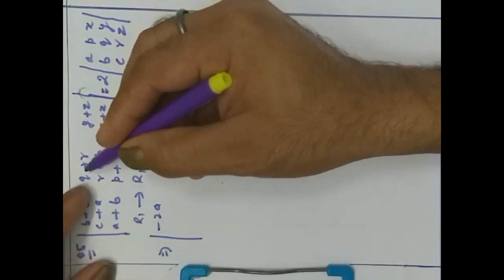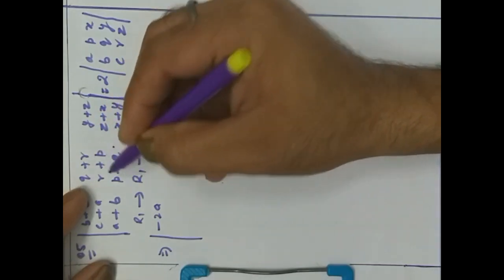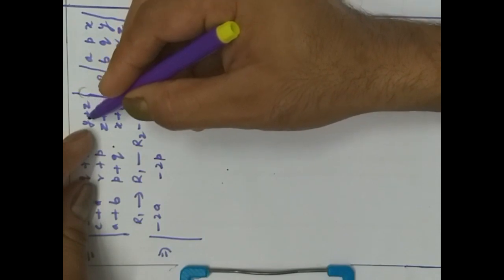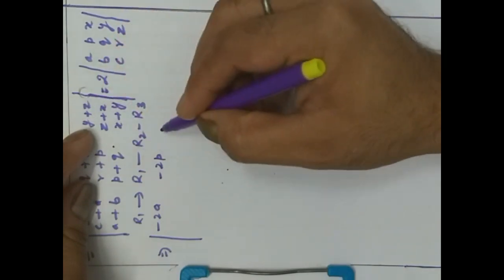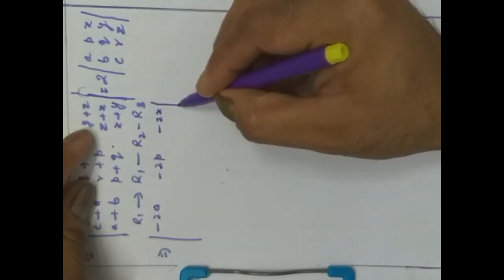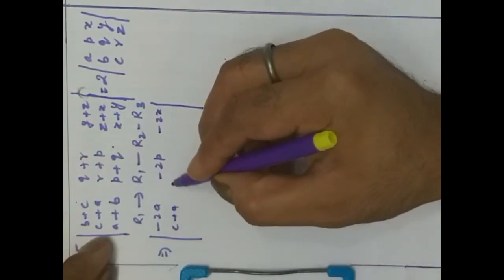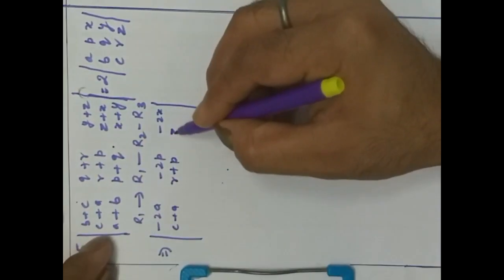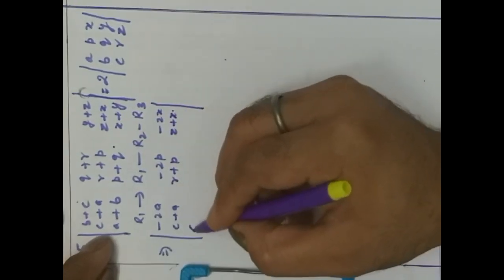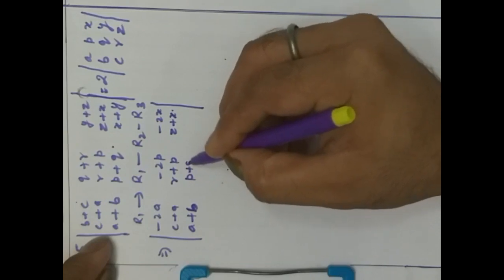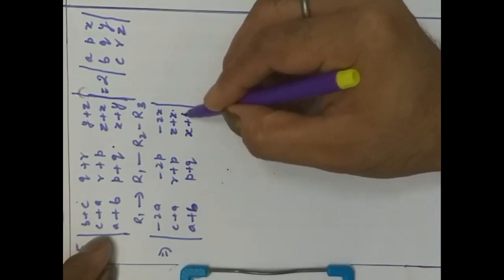Similarly, Q and R are cancelled, so we get minus 2P, and Z and Y cancelled, so minus 2X. The rest will remain the same: C plus A, R plus P, Z plus X, A plus B, P plus Q, and X plus Y.